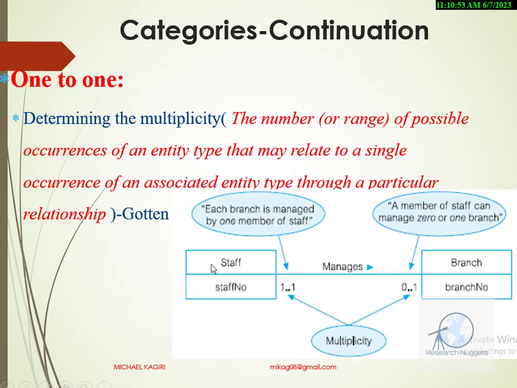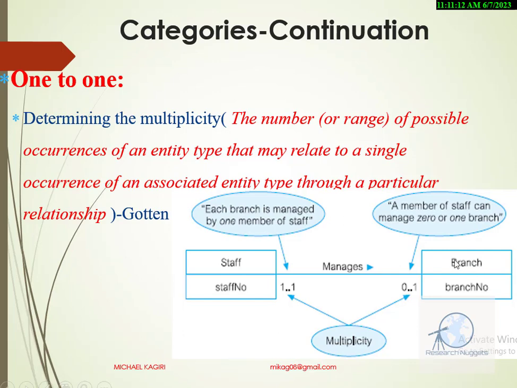We normally read it as follows. A staff manages zero. A staff may not be managing any branch, or this implies the range, or a staff may be managing only one branch. That's how you read it.